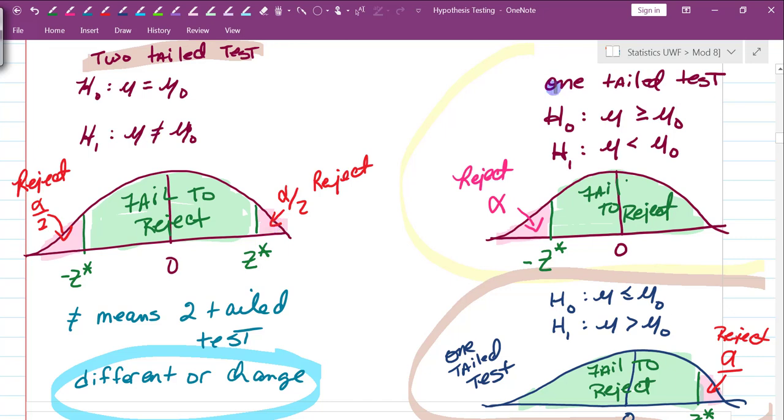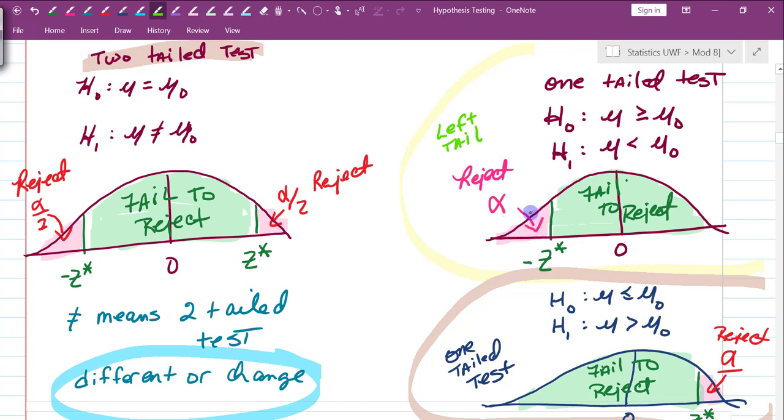We have a one-tailed test where we say that the mean has shifted and it's significantly less than what it used to be. That's a left-tailed test. Okay, let me write that in here. Left tail.